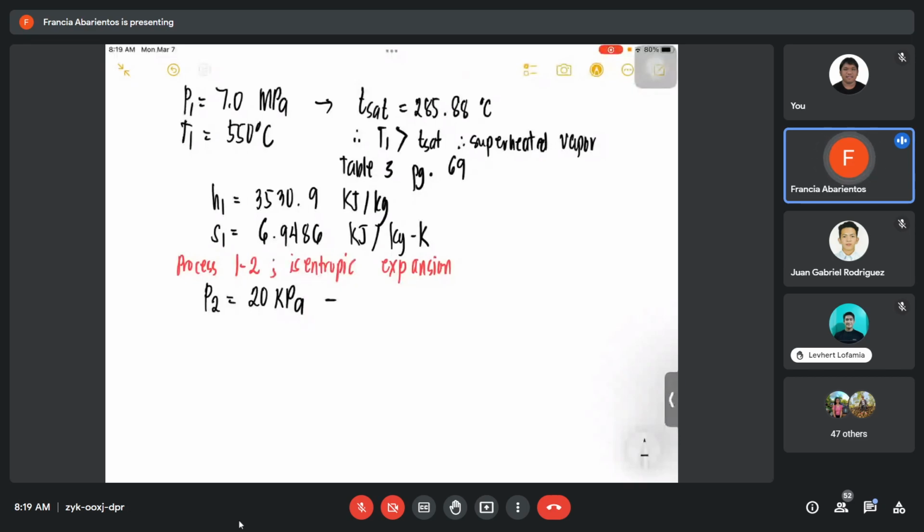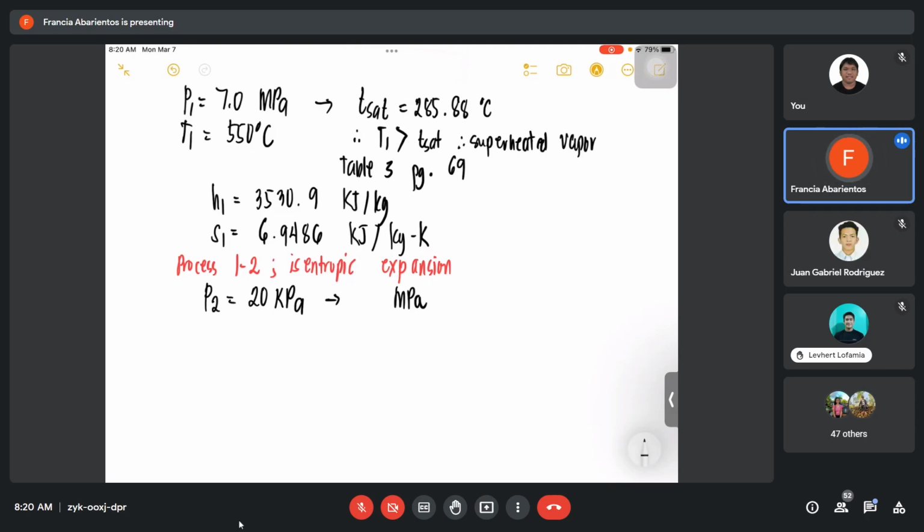Convert it into MPa. What is now your pressure at point 2?